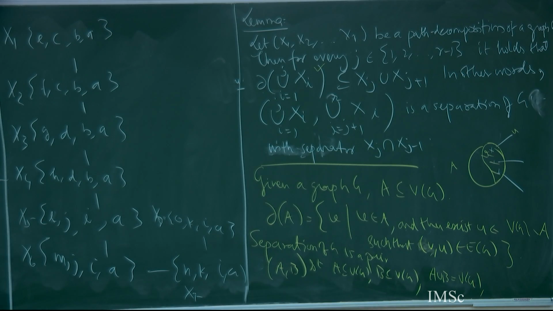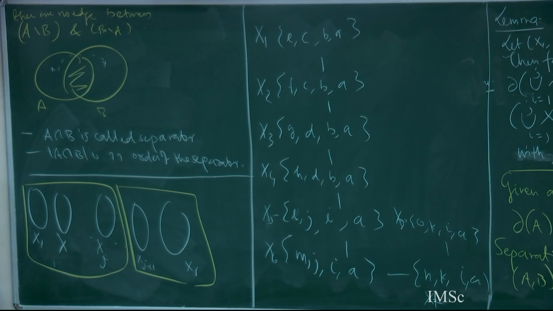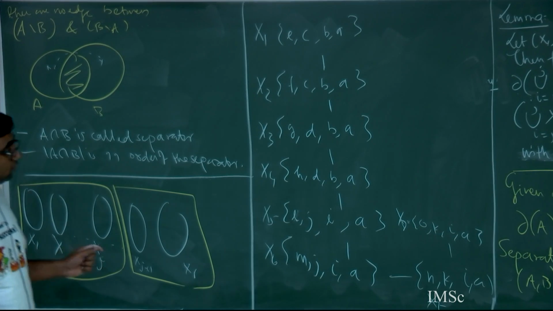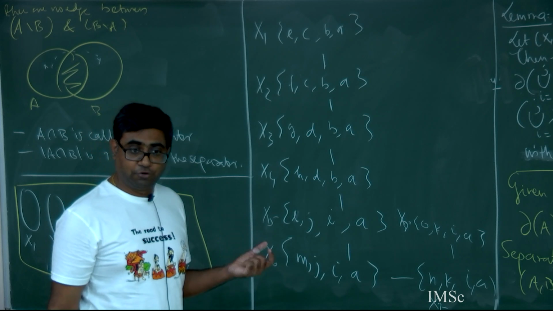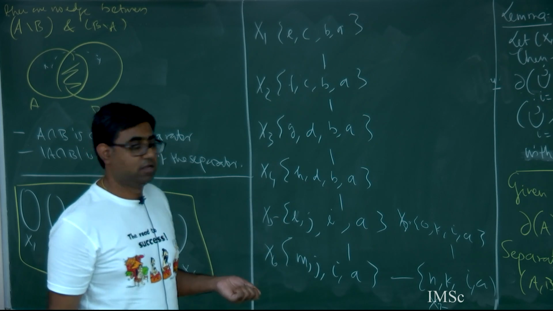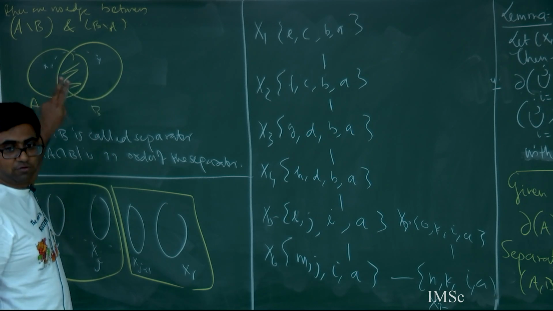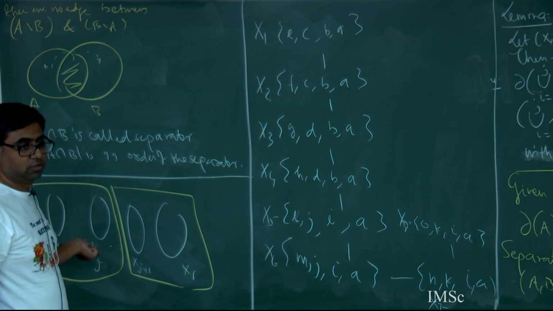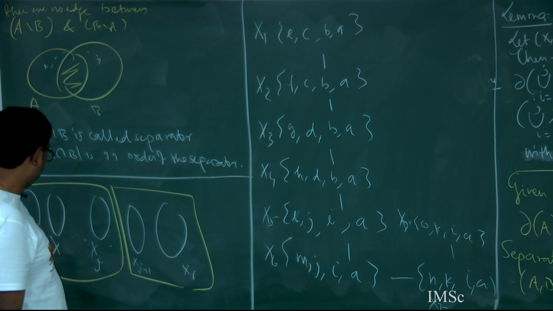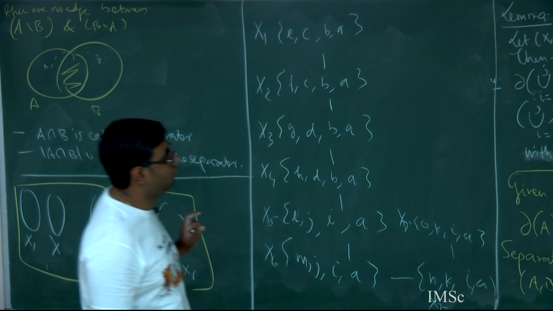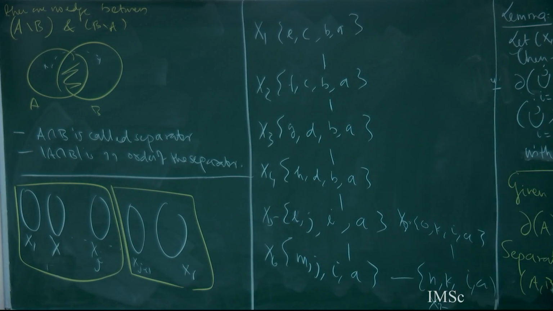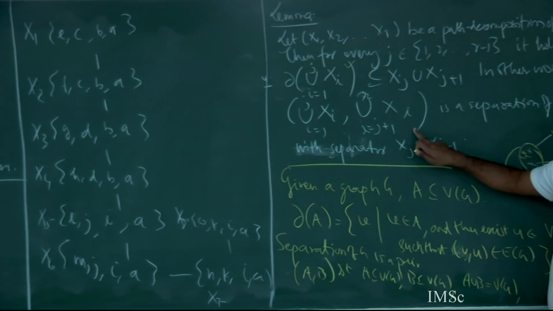That, well, if I delete the common intersection, there is no edge from here to here, right. What I am trying to tell, that first of all, this is a separator, look at this guy, right.